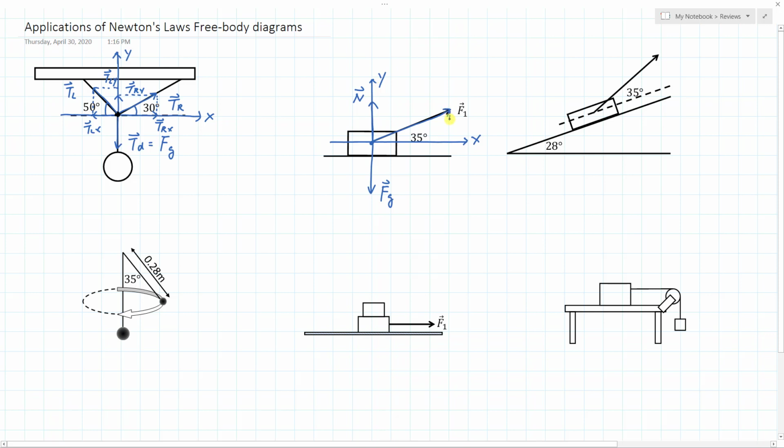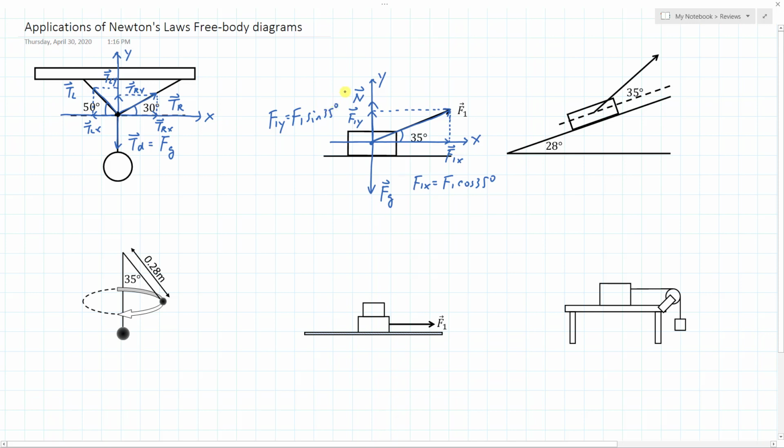So again, there's one force that's not along the axis, so we decompose it into F1x and F1y. And here's the angle. So in case you need one, F1x is this adjacent in this right angle triangle. So it's F1 cosine 35 degrees. And F1y magnitude is F1 sine 35 degrees.